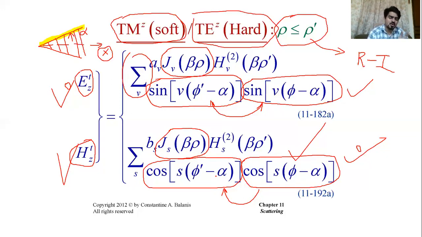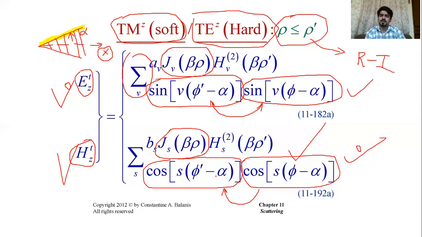So since now we have the edge along the z-axis, if your electric line source is placed along the z-axis, then that is nothing but soft polarization. And we know that when you have an electric line source located in the far field, it generates TM to Z polarization. In other words, TM to Z polarization is nothing but soft polarization.